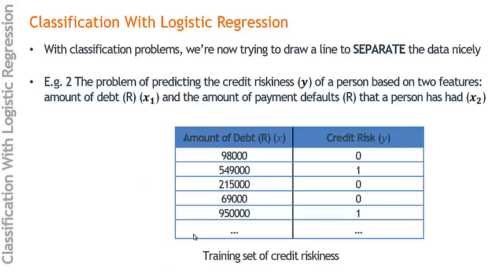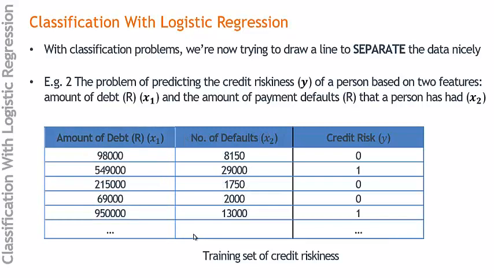Okay? Now, let's look at the case where instead of just one feature, you have two features. And really, the same ideas apply. In this case, we have the features of amount of debt and the number of defaults. And then we assign credit risk according perhaps to history, or perhaps some company expert will make this determination.